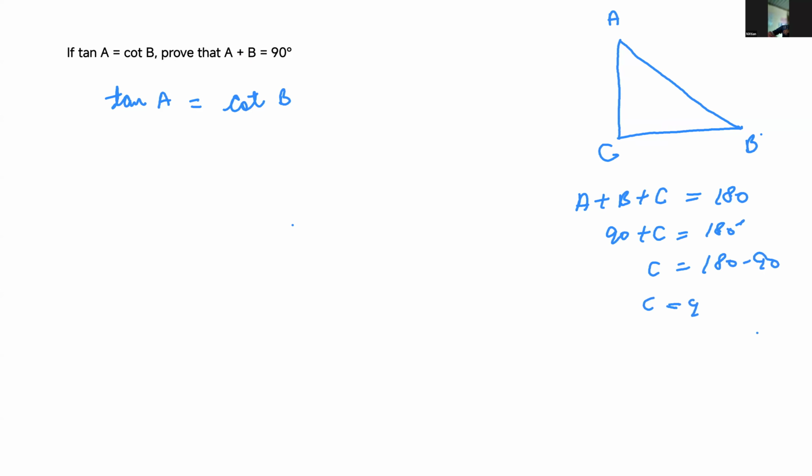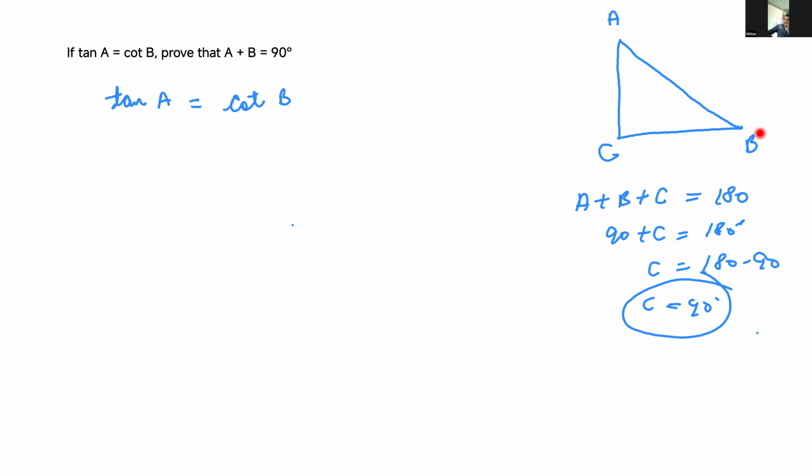It means that the angle C is 90 degrees, and the rest are A and B. So that's why the diagram is correct. Understood, guys? Yes or no? Just give me 5 minutes. Please raise your hand and say yes, I understood.